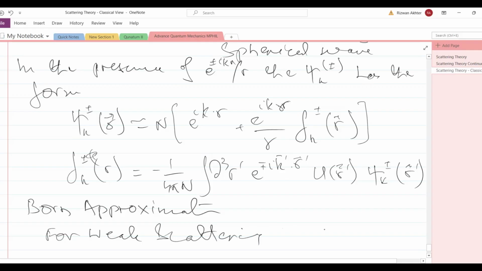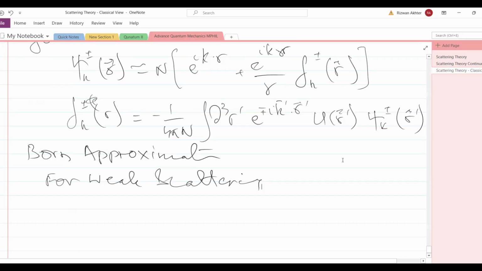Weak scattering का मतलब है, weak scattering implies that f k of r upon r mod square is very much less than the energy of the incoming beam k dot r. Yeah, so this is basically mod square, इससे कम है.